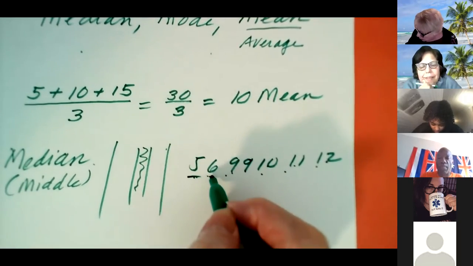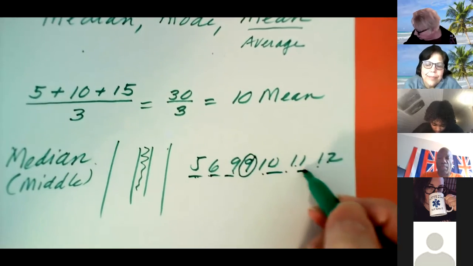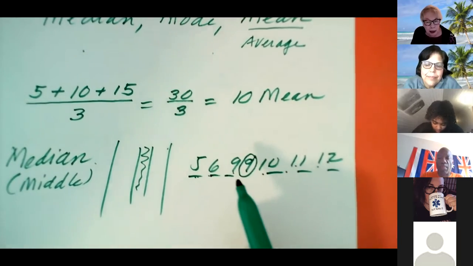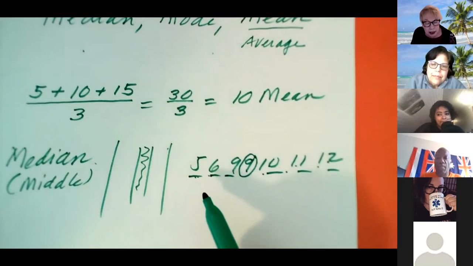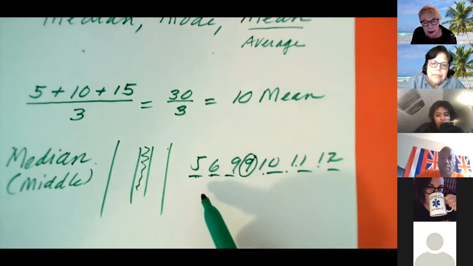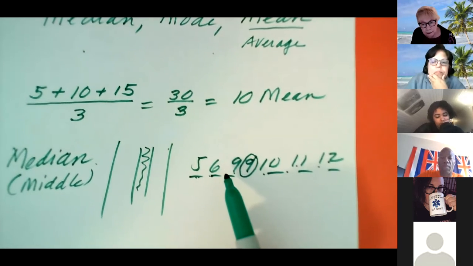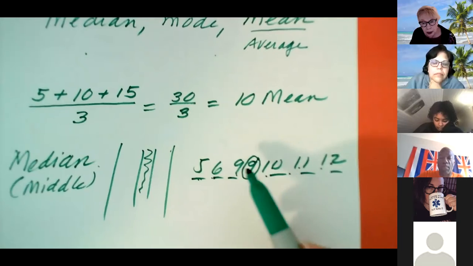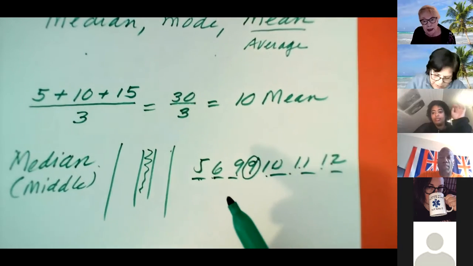So this is 1, 2, 3. It would be this one. If you have your numbers listed out like this, I had 7 numbers, and so I divided 7 by 2. So I put 3 here, and then my number, and then 3. And so that is the median.